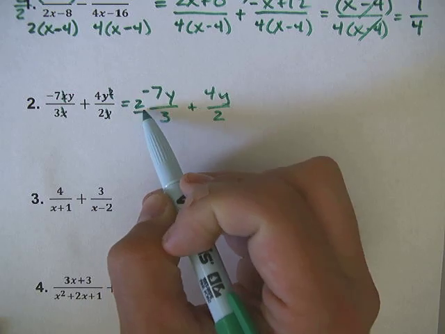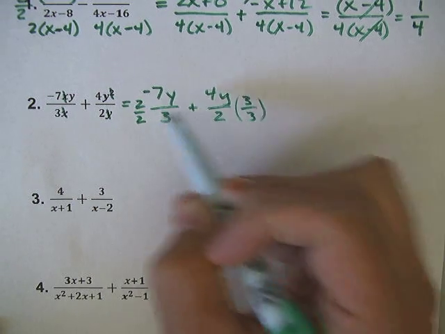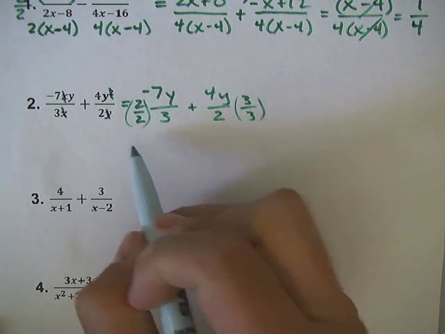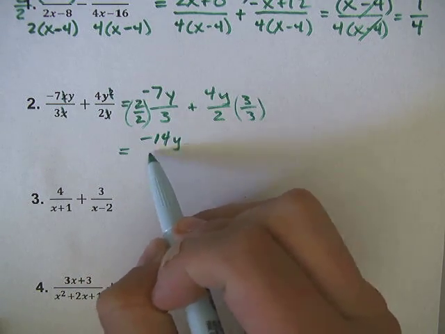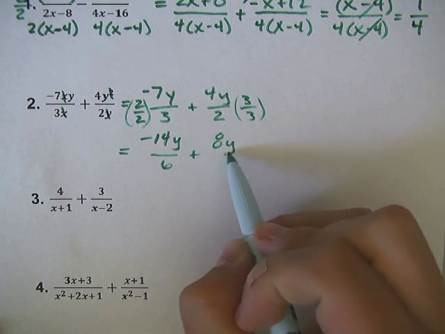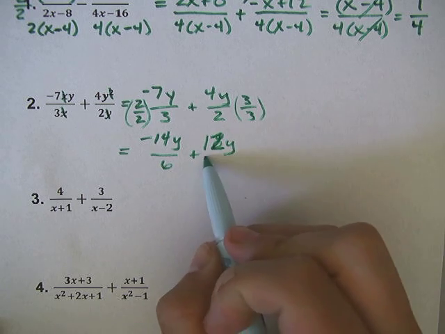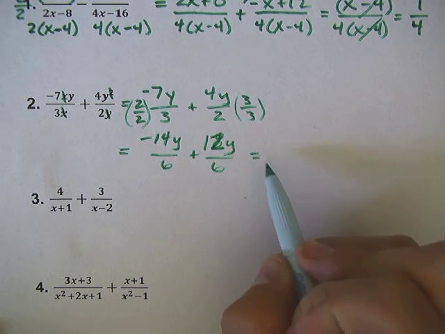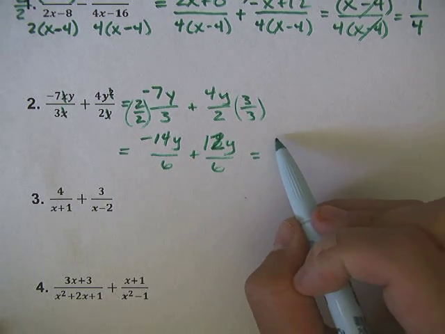So what kind of common denominator do we need? Well, between 3 and 2 it would be 6. So I'm just going to multiply this by 2 over 2, and this by 3 over 3. So when I do that, I get negative 14y over 6 plus 8y, sorry, 12y over 6.